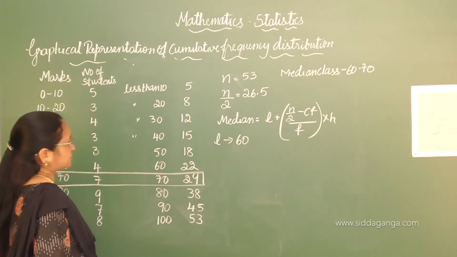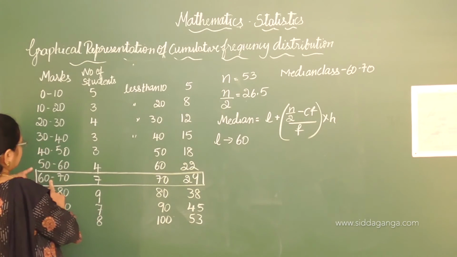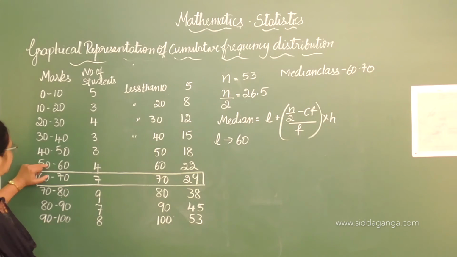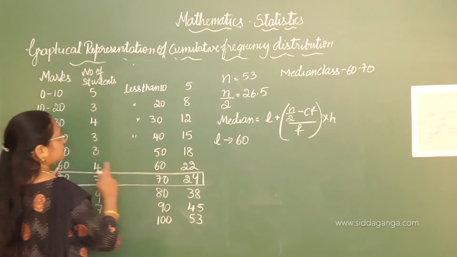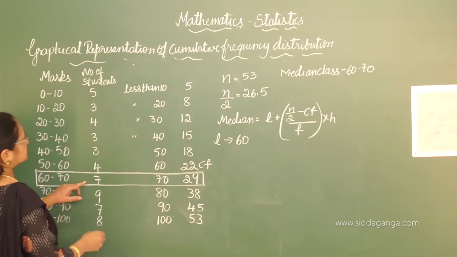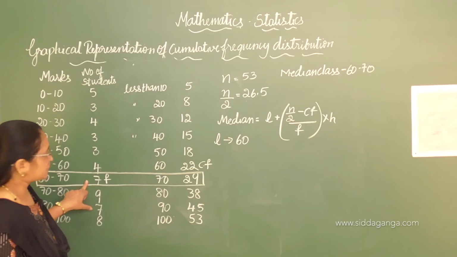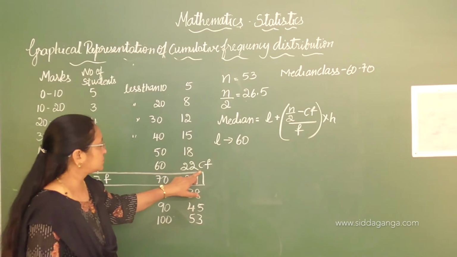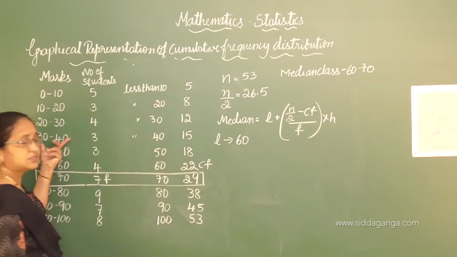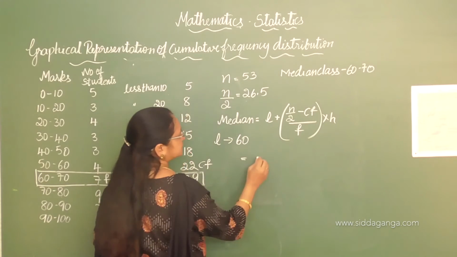The cumulative frequency is that of the predecessor of the median class, which is 50 to 60, and the corresponding cumulative frequency. I hope you can recall, 7 is the frequency and 22 is the cumulative frequency. And h, of course, is the width of the class interval, that is 10.